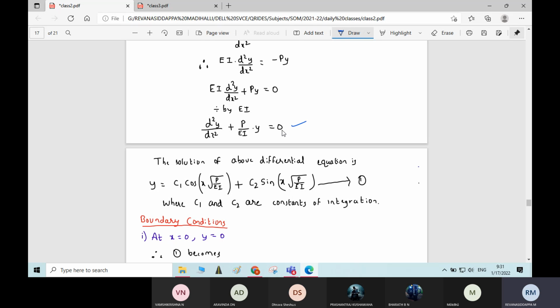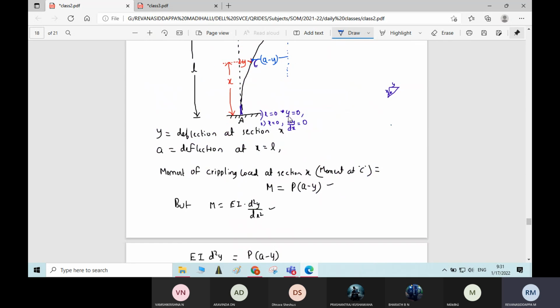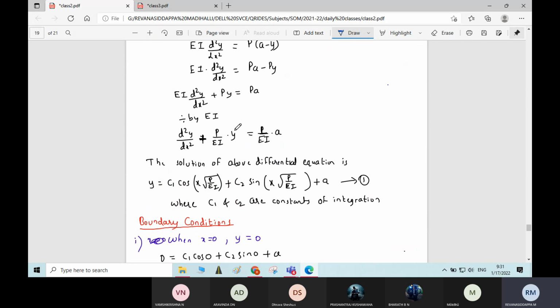If you have some constant at the RHS, it should have the same multiplication factor, P/EI. That is why in the second derivation we have a constant A, and when we divided by EI, we got P/EI in the RHS. So whatever the multiplication factor of y, if the same factor is on the RHS, then only is it possible to write the solution easily.